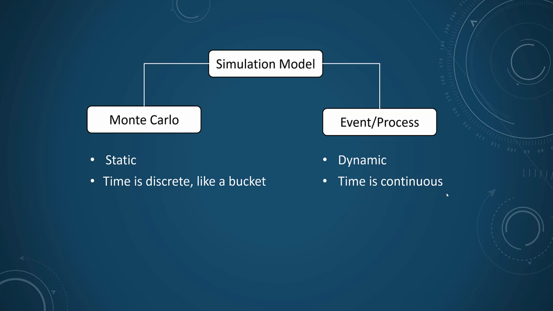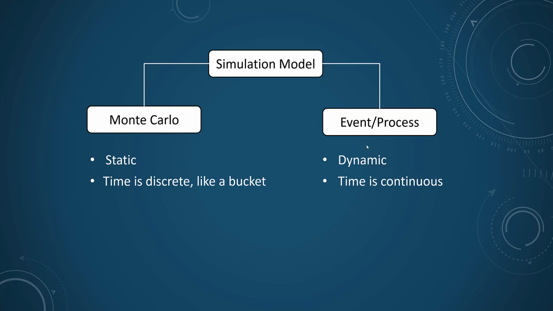That service takes a bit of time, and then they leave. So you observe when they arrive, how long they stay in the line, and how long the service takes. You observe all that, analyze it, and prepare a report. And then you may simulate this for 1 hour or 2 days or 1 month. But you observe the time as it flows in a continuous fashion.